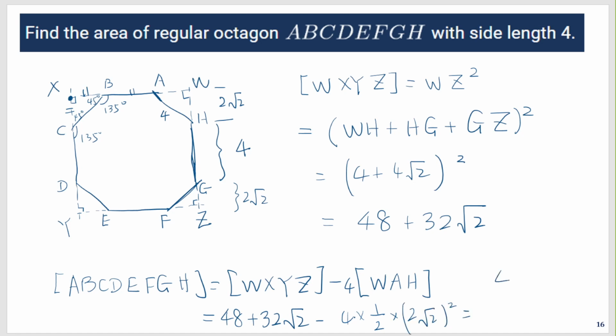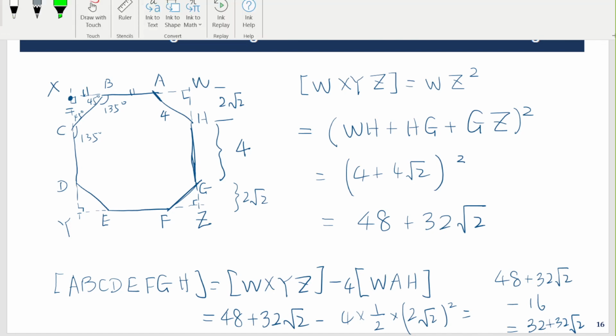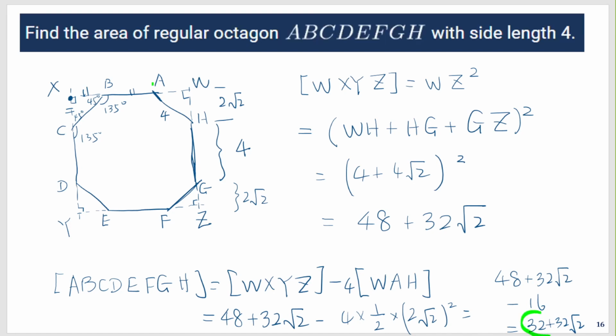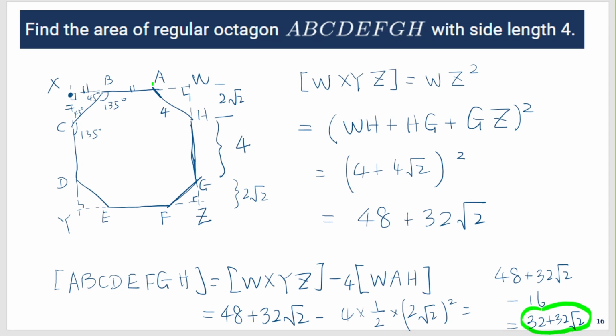And this gives us 48 plus 32 square root 2 minus 16, and this gives us 32 plus 32 square root 2. Did you get it? This is our final solution. Okay, have a look at the solution here and let me know if you have any questions, okay?